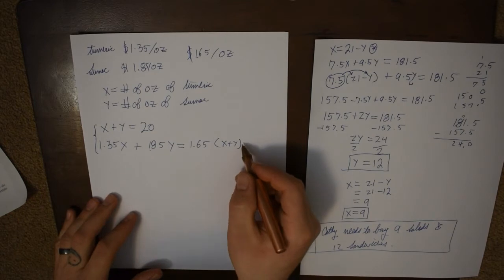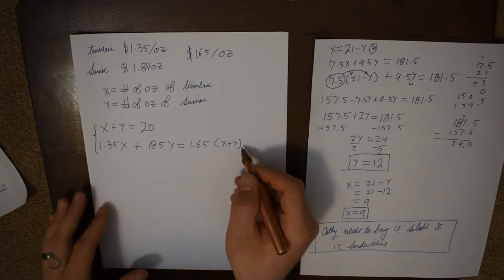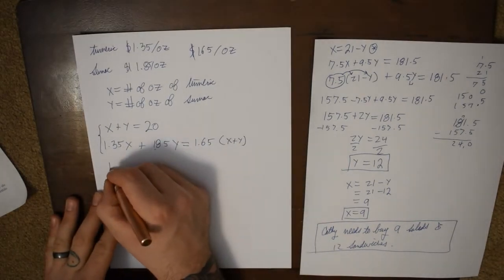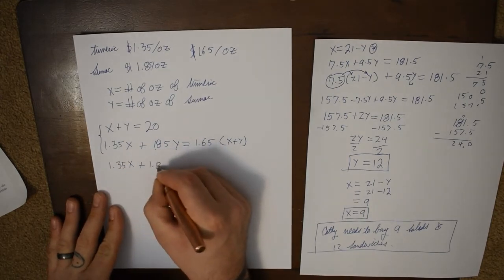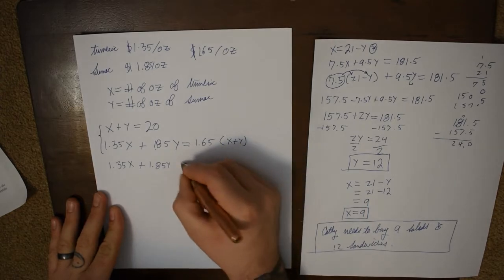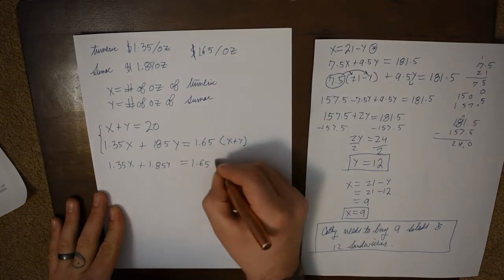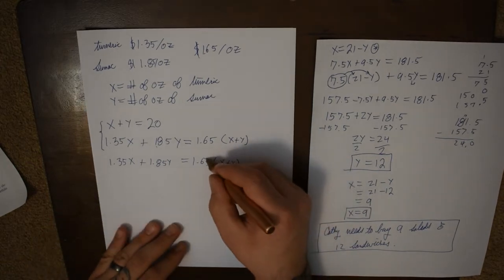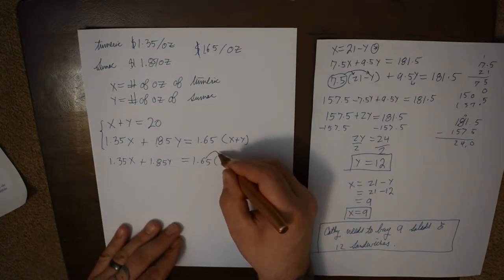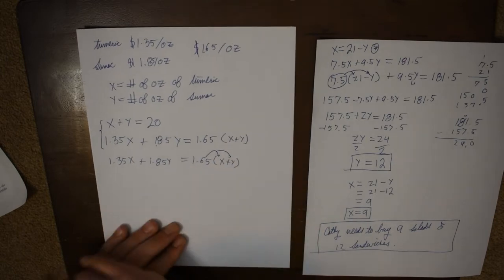I'm going to rewrite this top equation a little bit differently. So working with this, 1.35x plus 1.85y being equal to 1.65 times x plus y. Before I go on, I'm going to distribute and simplify a little bit.